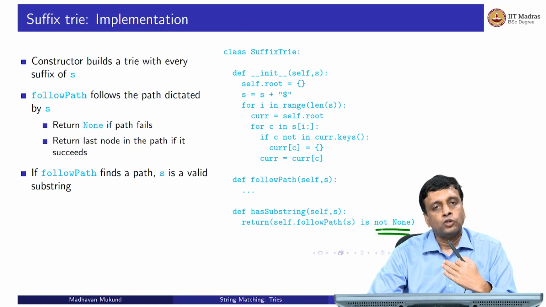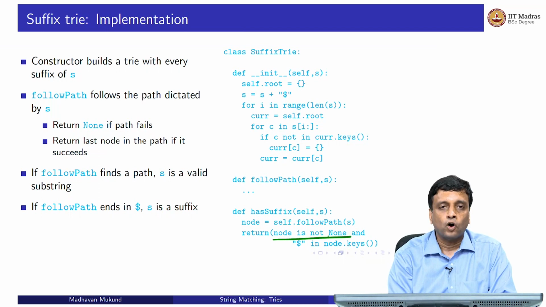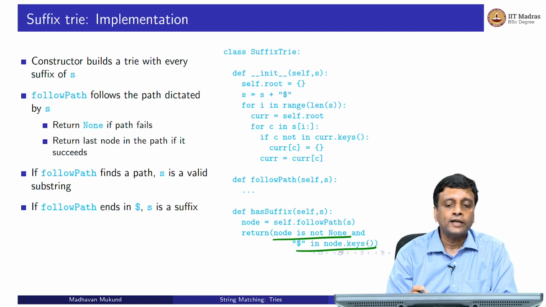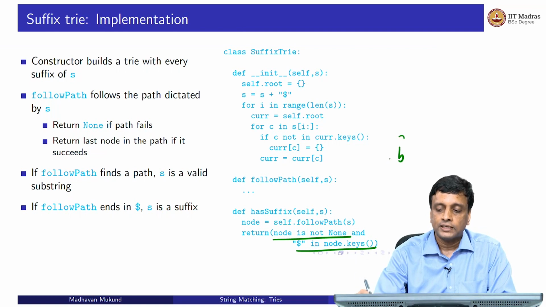On the other hand, if I want to check if it is actually a suffix, then not only must it be a substring, but when it finishes, there must be a dollar following it. So I will have to say not only that I have reached a node which is not the None node, I have not bailed out in the middle of follow path, but the node that I have reached has dollar as one of its keys. Now remember, it could have not dollar also, as we saw those things which had B and then A and then had a dollar here and then a B below and so on.